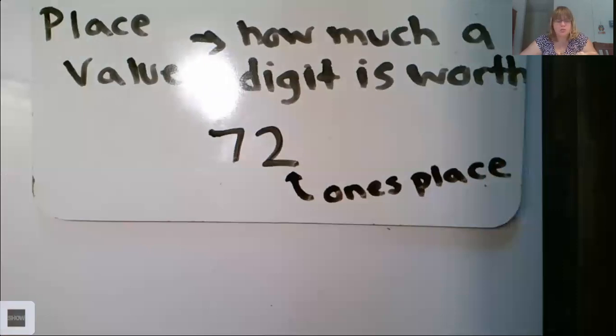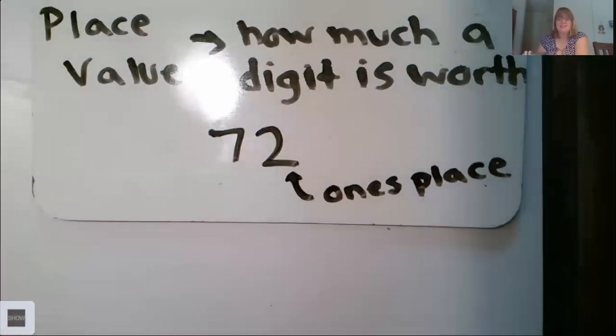That's our numbers 1, 2, 3, 4, 5, 6, 7, 8, 9. It's a 1-digit number, and it's worth exactly what you think it is. If I have 2 apples, that's just 2 apples.